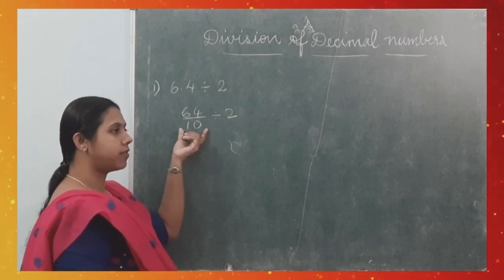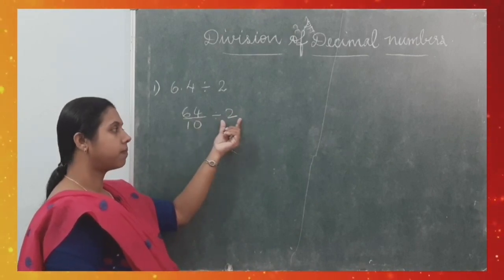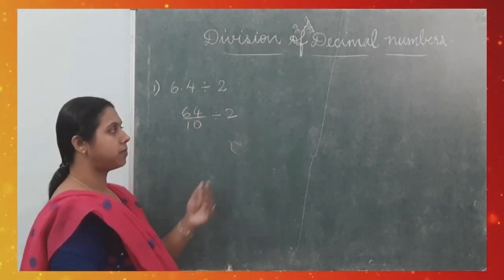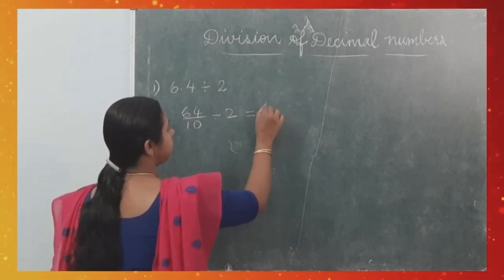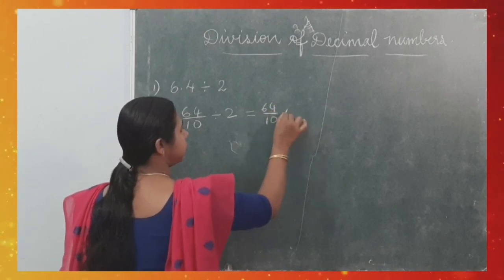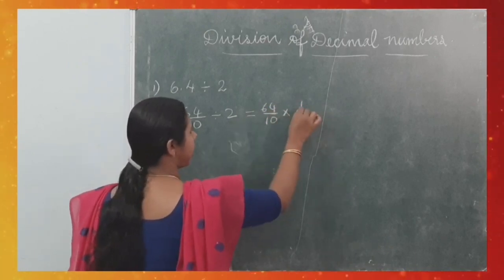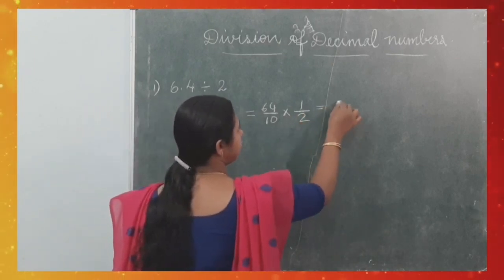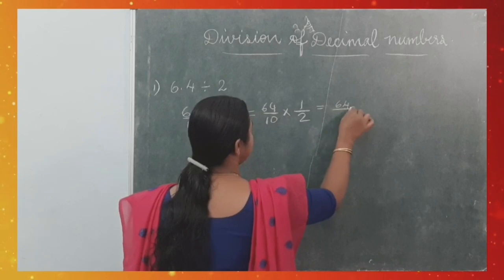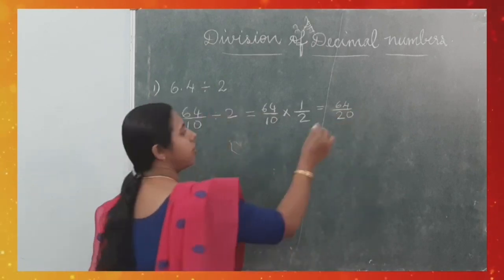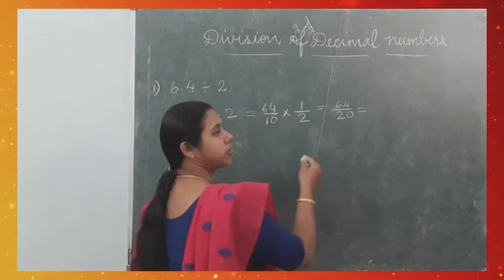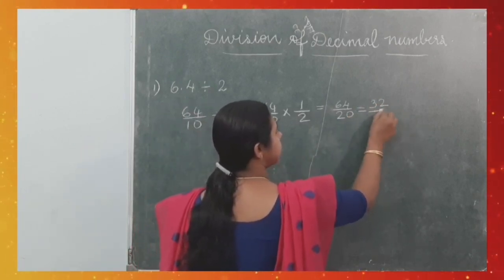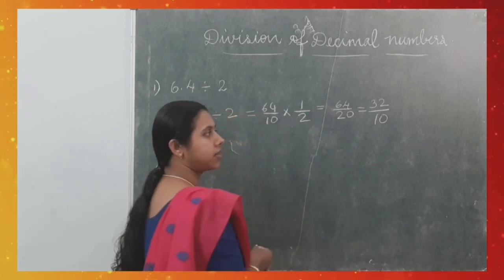We know when you divide a fraction by a whole number, you should take the reciprocal of the whole number and multiply it. Then it will be 64 by 10 into the reciprocal of 2, which is 1 by 2. So it will be equal to 64 by 20, and with 2 as a common factor, it will be 32 by 10.